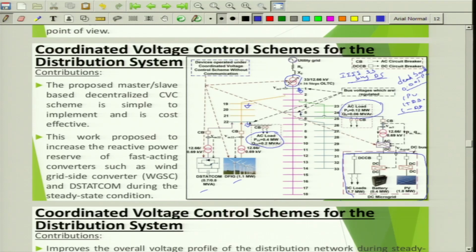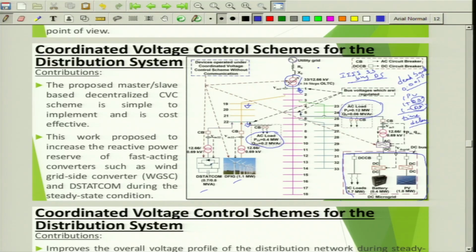This voltage deviation beyond the dead band should exist for a certain duration, a minimum delay time. Then the OLTC would act, and based on whether the voltage deviation is positive or negative, it would change its tap upwards or downwards.